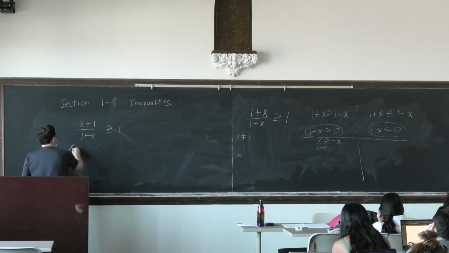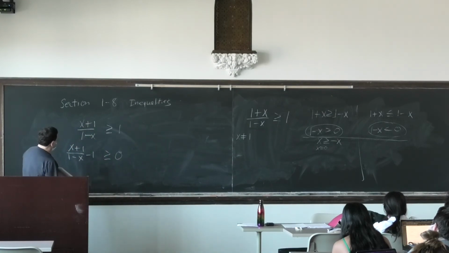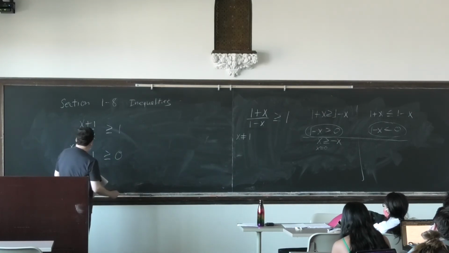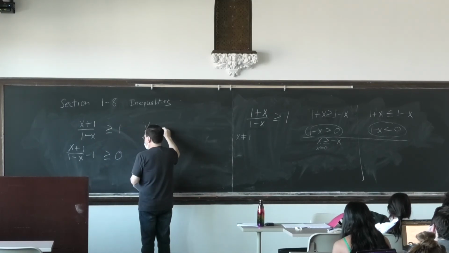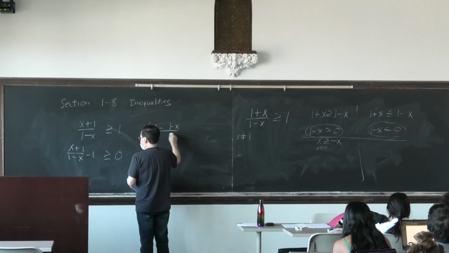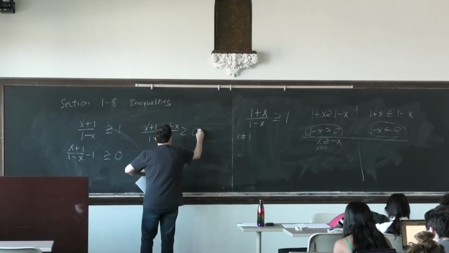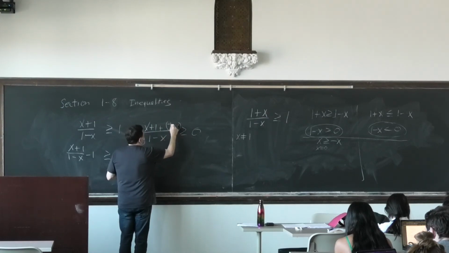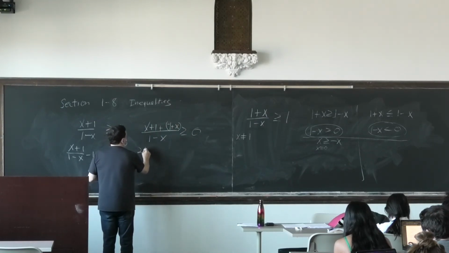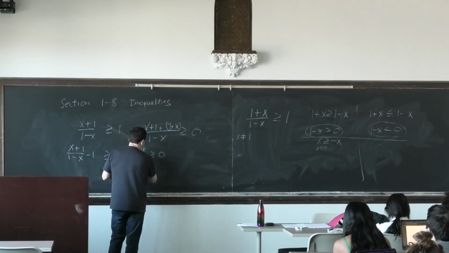They want me to subtract 1 from both sides. Put this over a common denominator. Okay, what do we get here? We get 2x over 1 minus x greater than or equal to 0.